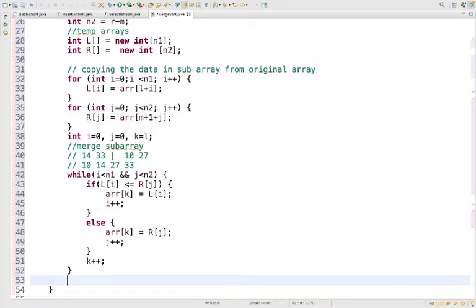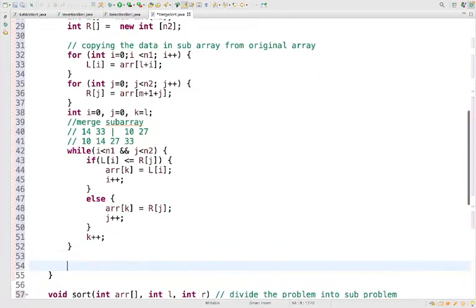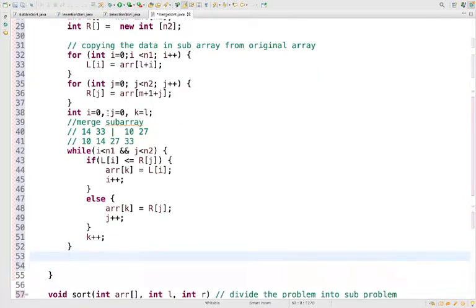Okay, that's how this comparison is happening. Once the subproblem arrays are already sorted and you are trying to merge them, you just compare between these two subarrays and then place the elements. In this case both the left and right subarrays are of equal size, but usually that is not the case. Suppose the left subarray is greater than the right subarray; then once we are done with most of the comparisons, we just have to copy the remaining elements into the array.